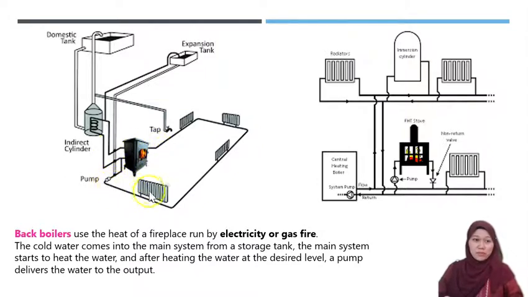The hot water is pumped into this radiator to fill up, and the room will be heated up. If you want to use hot water from the tap, it will be stored in this cylinder. The expansion tank is used to maintain the pressure. So it's very simple: cold water from the storage tank goes into the fireplace, gets heated up and pumped into the piping system and radiator, and the hot water is stored in the cylinder.